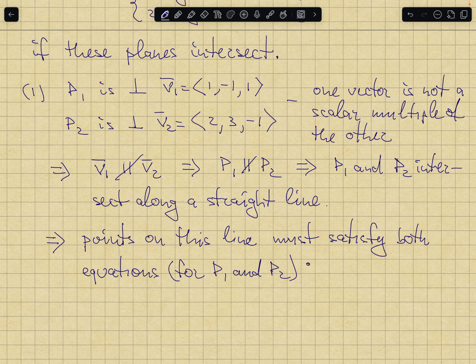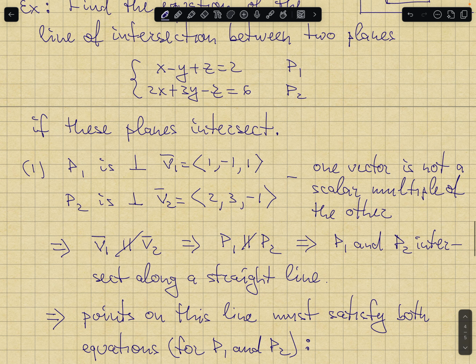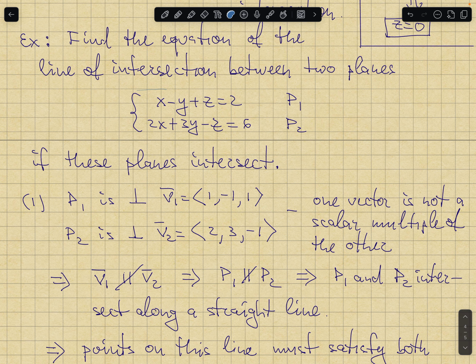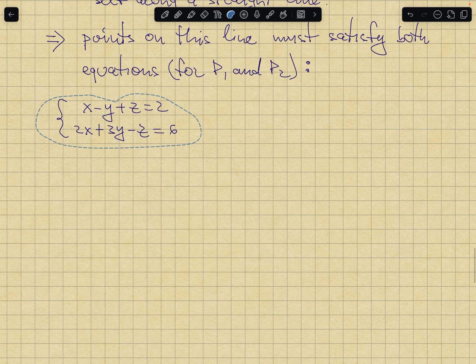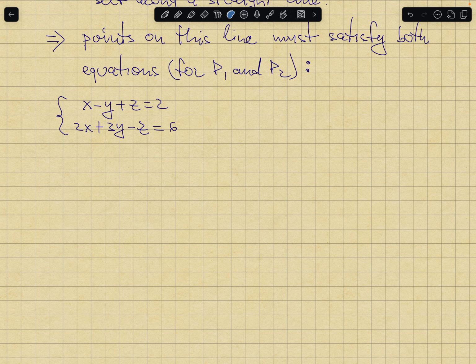And so the equation for the line would solve this system of equations. So these are two equations with three unknowns.